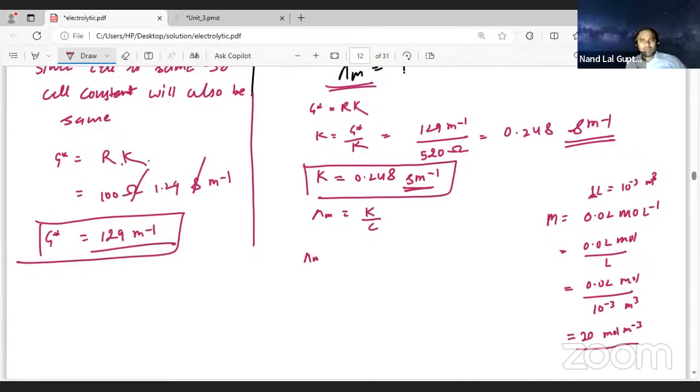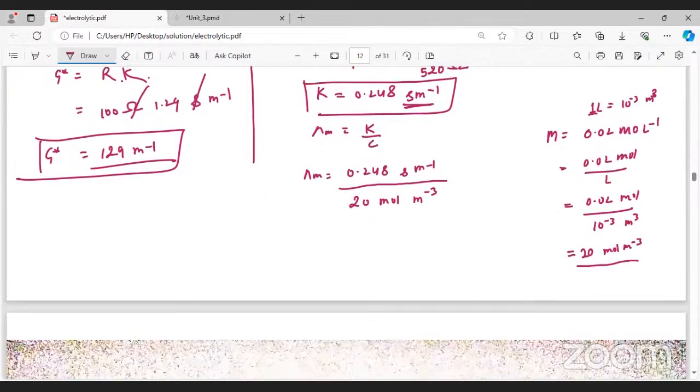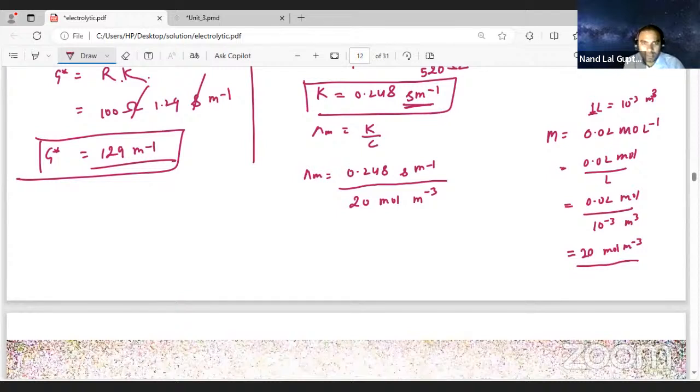So lambda m is equal to k value I am putting, 0.248 Siemens per meter, divided by 20 mole per meter cube. Now solve this one. If you divide by 20, it is coming somewhere around 0.0124.